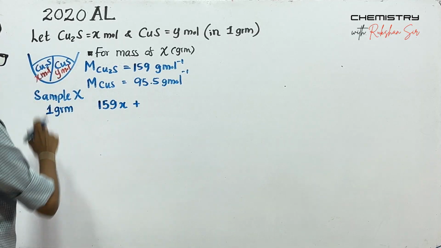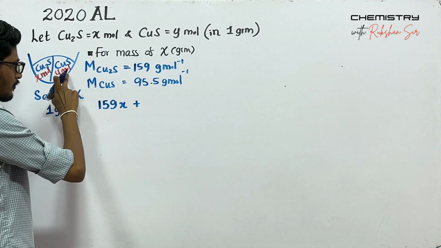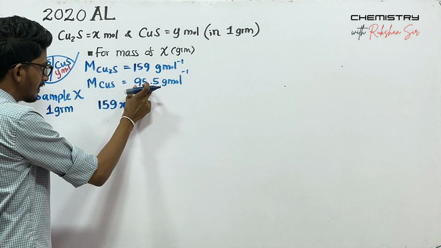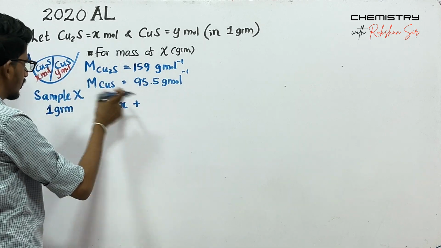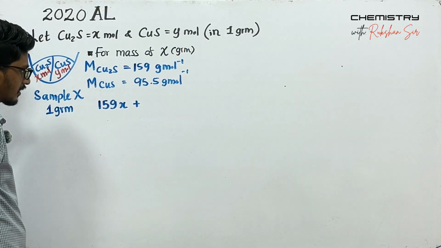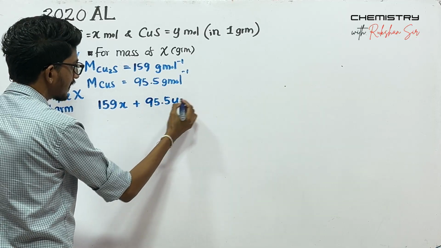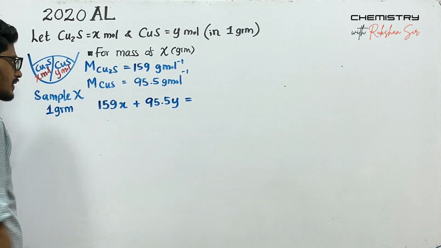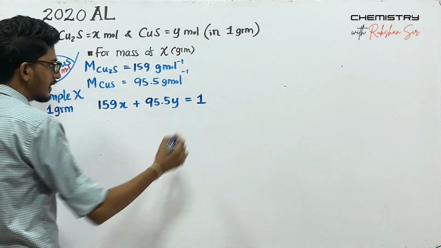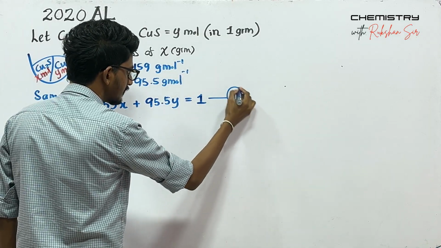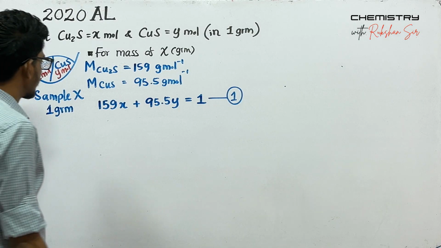The mass of CuS is Y moles into 95.5 g mol^-1, so the moles cancel off to give the mass in grams, 95.5Y. That summation is equal to 1 gram. That is your first simultaneous equation.